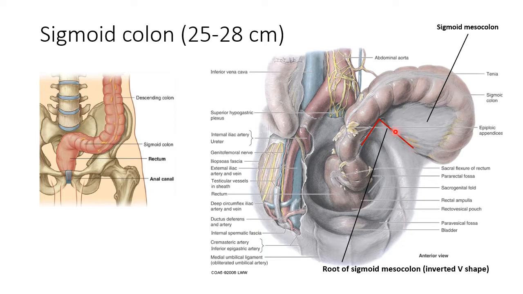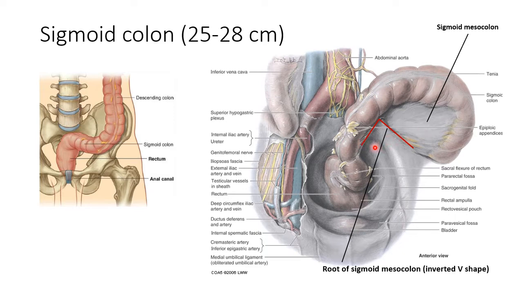Now there is also an attachment of the sigmoid mesocolon, and this is where the attachment is, that line. We call it the root of the sigmoid colon, and it looks like an inverted V shape. So this red line is attached over there, in an inverted V shape.